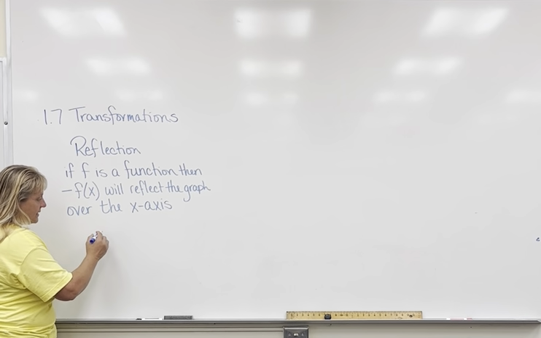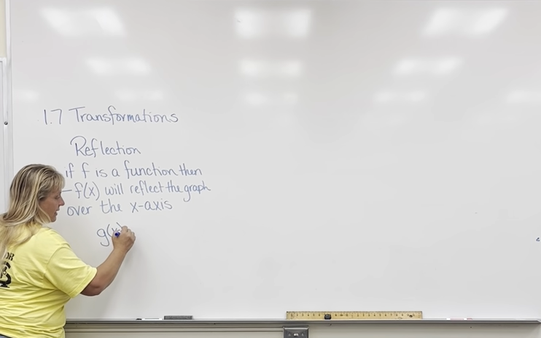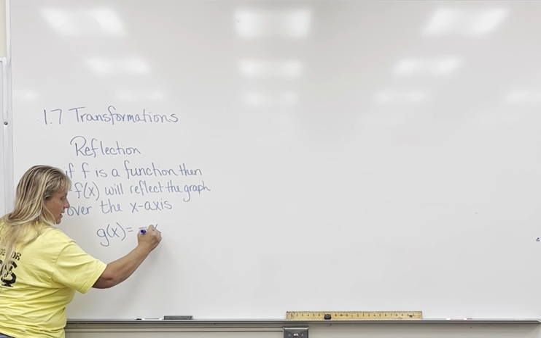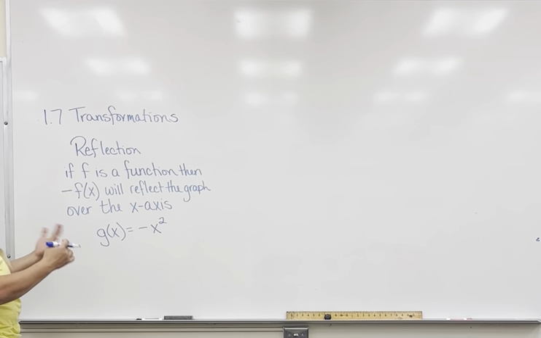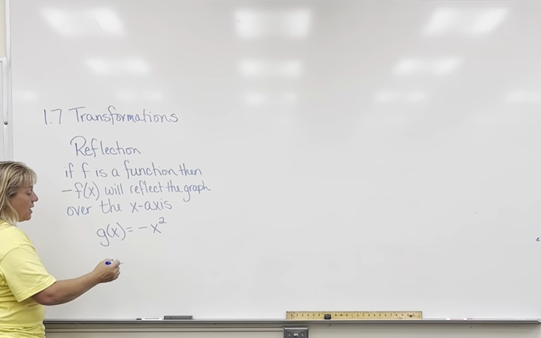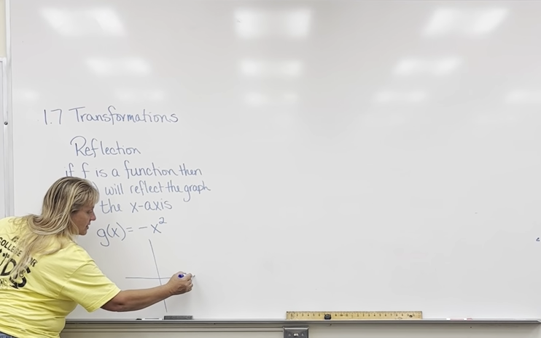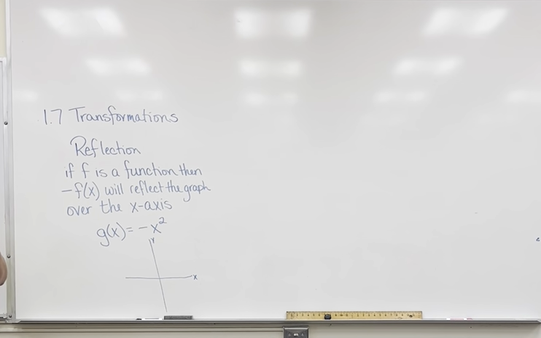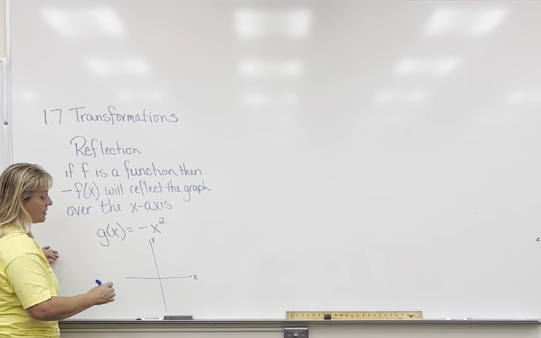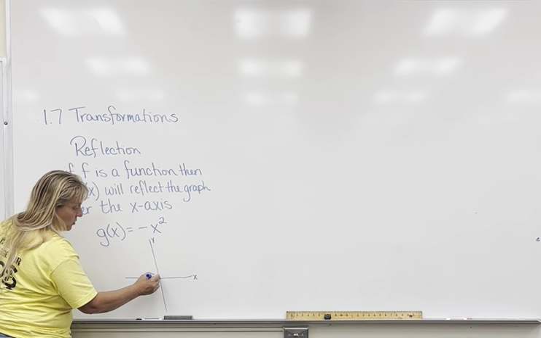As an example, let's say that g of x is negative x squared. The negative is out front, it's not getting squared. The way we want to show this is by showing the original base graph and then what the transformation does. So I'm going to sketch in dotted that x squared is our parabola.